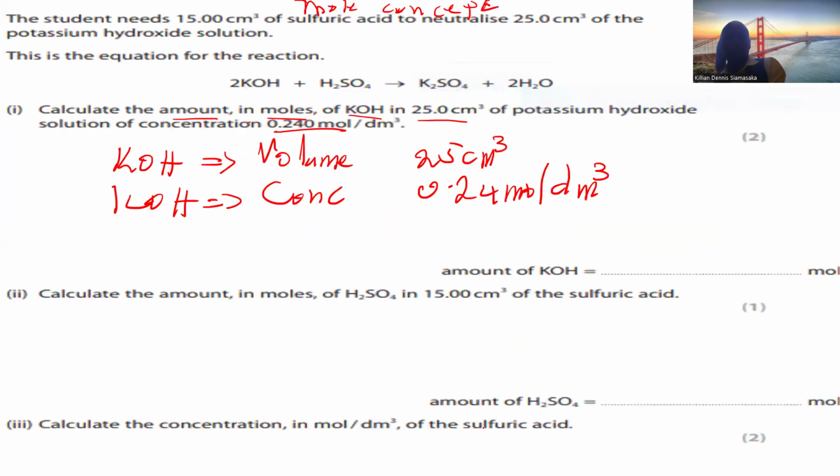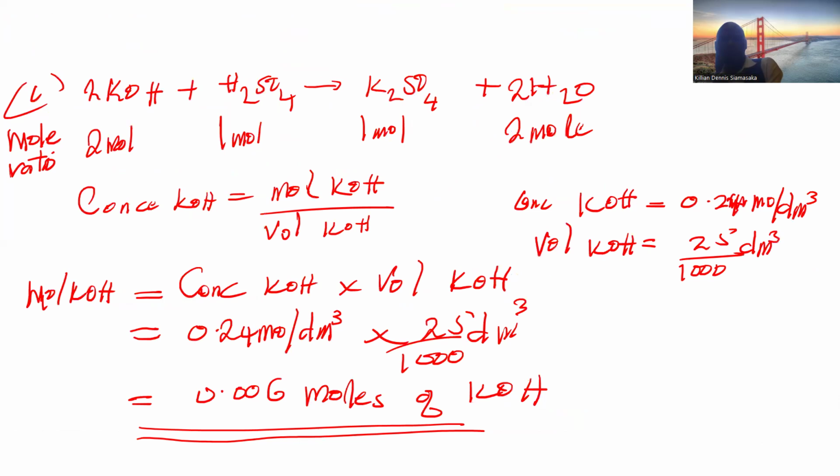We go to the second part of the question: calculate the amount in moles of sulfuric acid in 15 cubic centimeters of sulfuric acid. Similarly, you can write the same balanced equation.